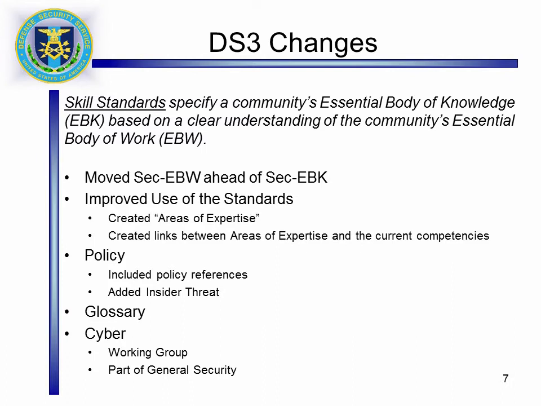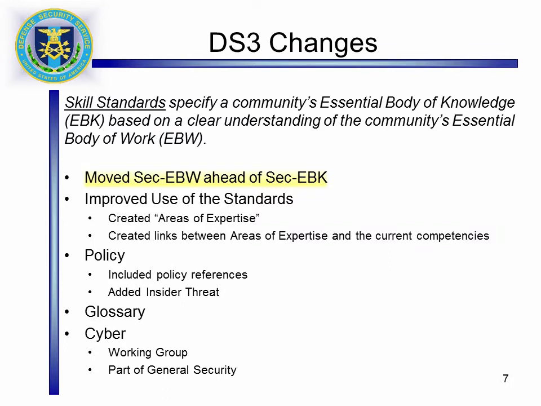However, the EBK has always been before the EBW. In this version, they have been switched. Now, for enhanced readability and comprehension, the EBW will come before the EBK. This allows the user to have context when reading and reviewing the EBK.